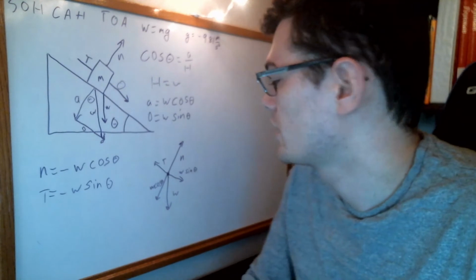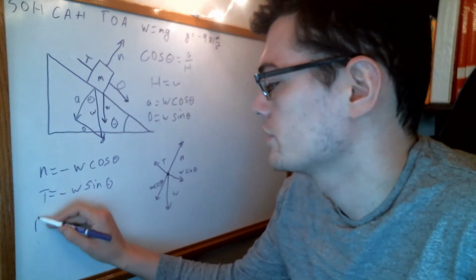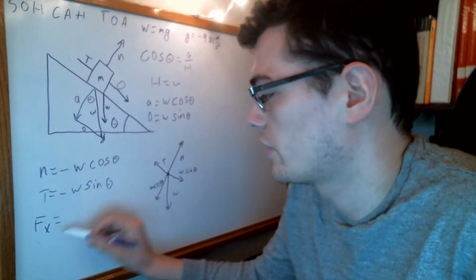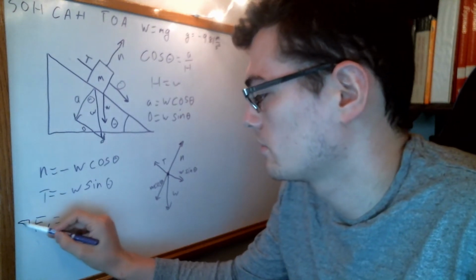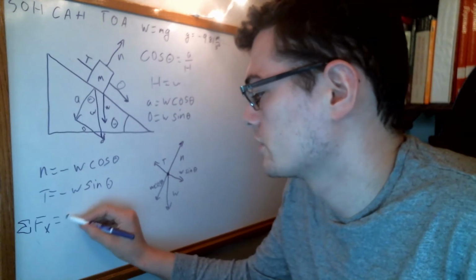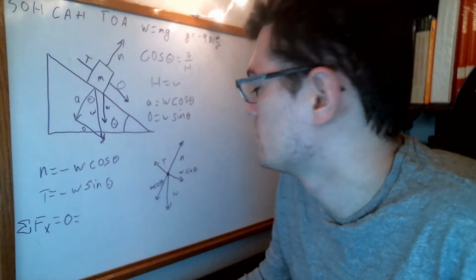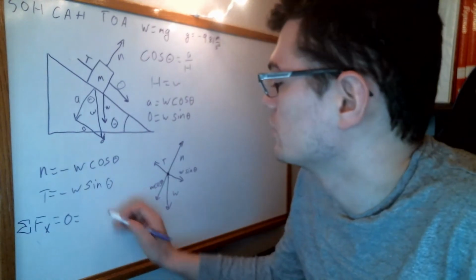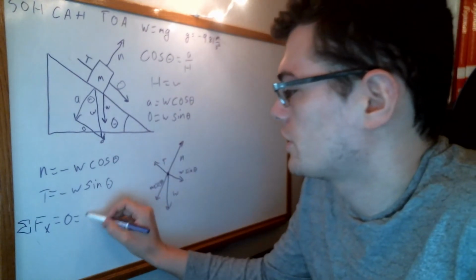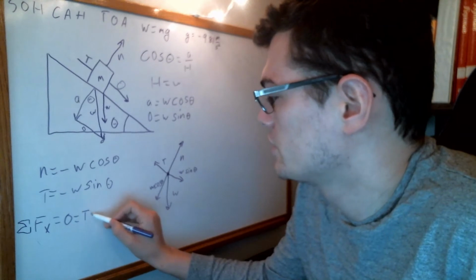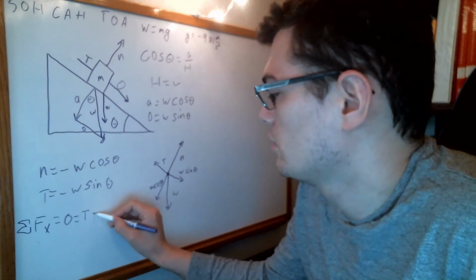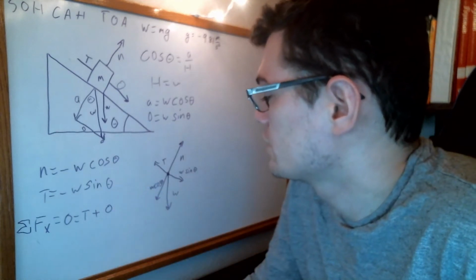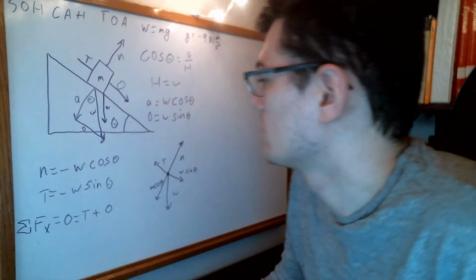So now, in this case, we can say that all forces here are going to be equal to 0. So then we can say the sum of F of x is going to be equal to 0. So in order to satisfy this, we just have, in this case, T plus O, where O is the opposite here.